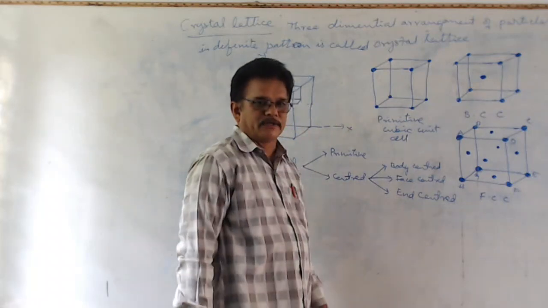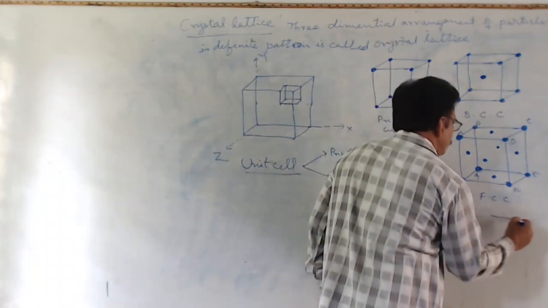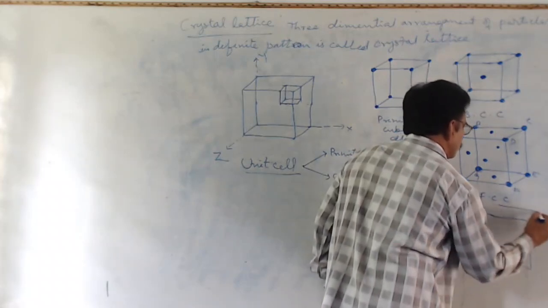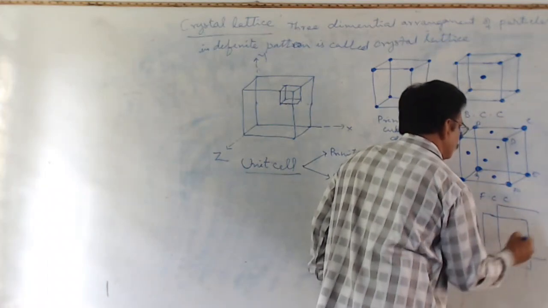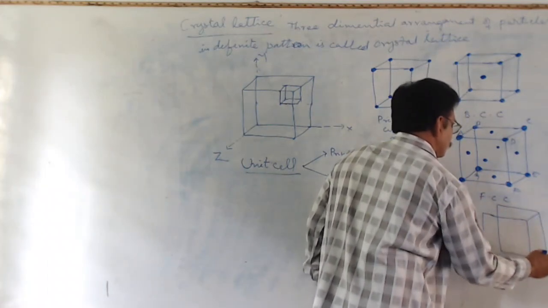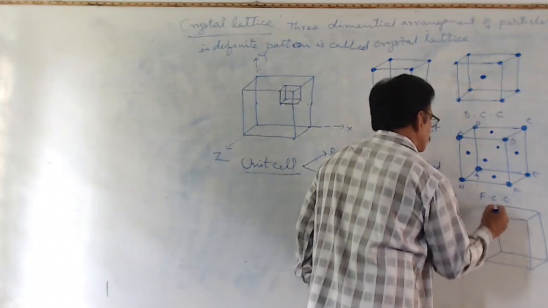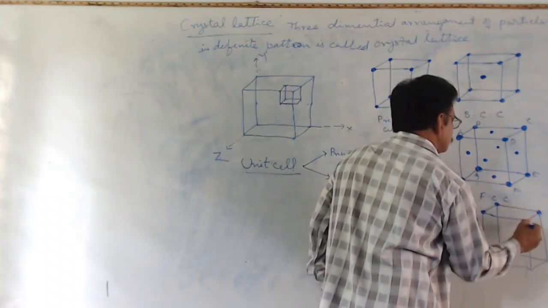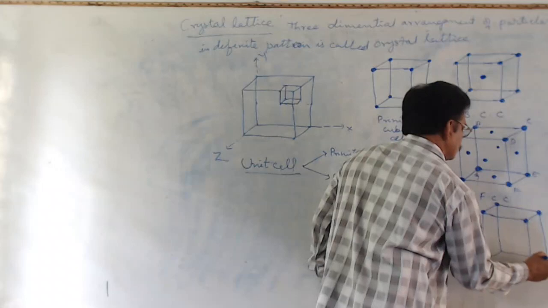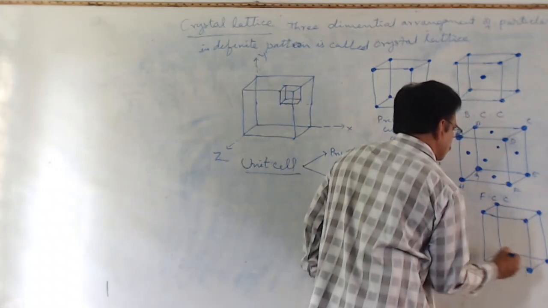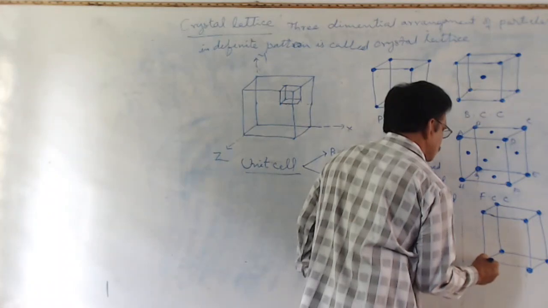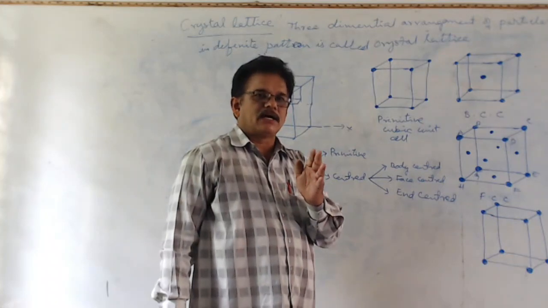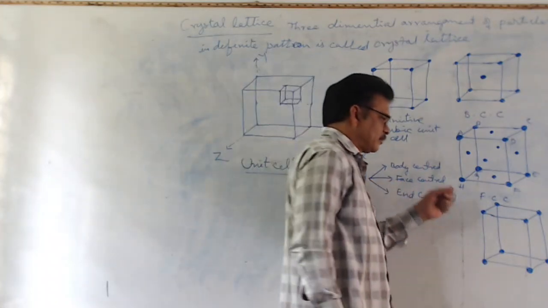And the end-centered cubic unit cell. Of course, in the end-centered cubic unit cell, on 8 corners, 8 lattice points are present. And along only one axis, there will be 2 faces, and on those faces, 2 points are present.